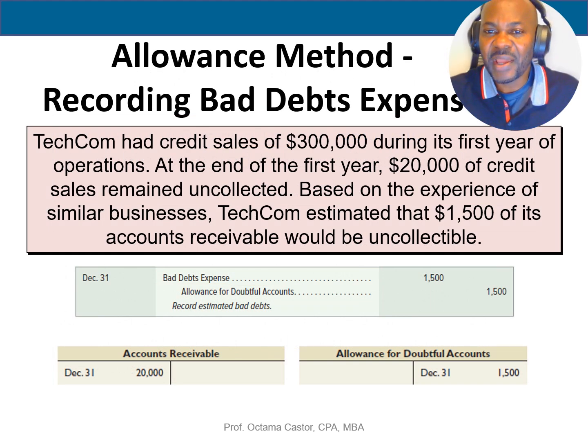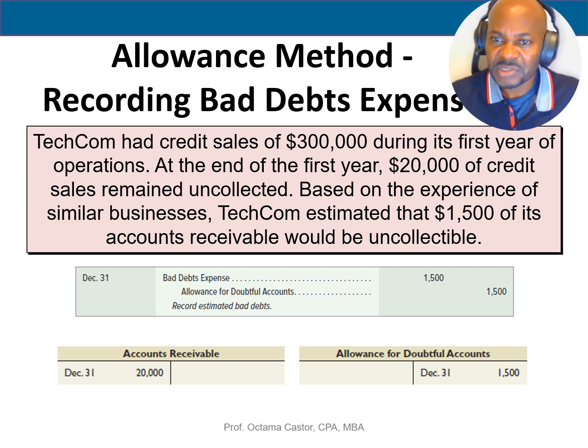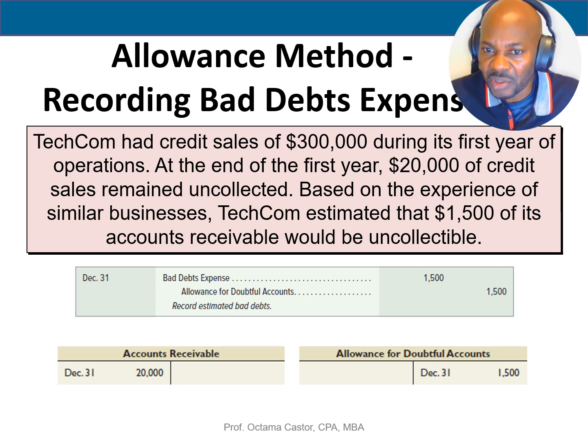Okay, let's take a look at how the allowance method works. Let's use this example. TechCom had credit sales of $300,000 during its first year of operation. At the end of the first year, $20,000 of credit sales remained uncollected. Based on the experience of similar businesses, TechCom estimated that $1,500 of its accounts receivable would be uncollectible.